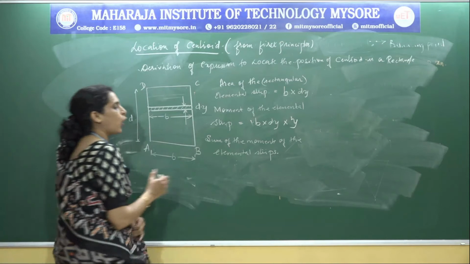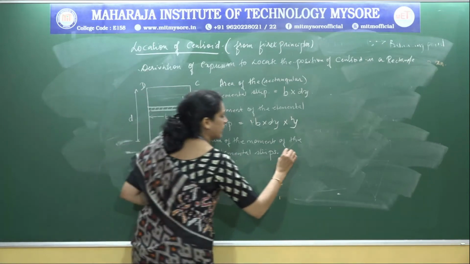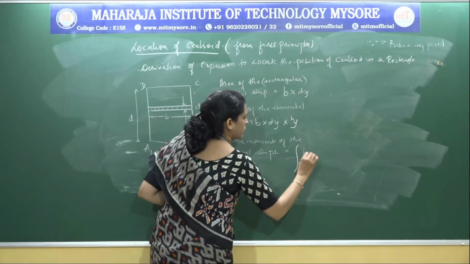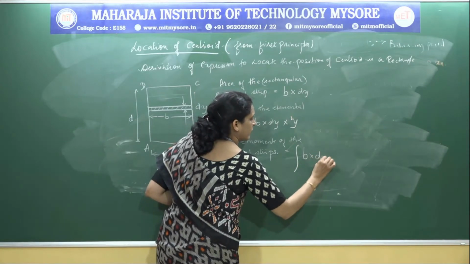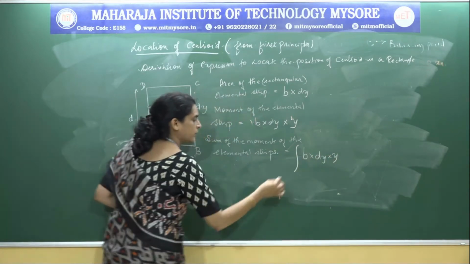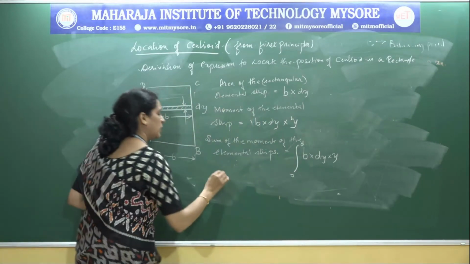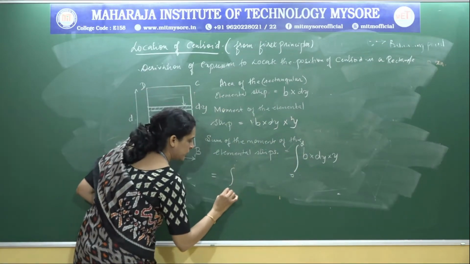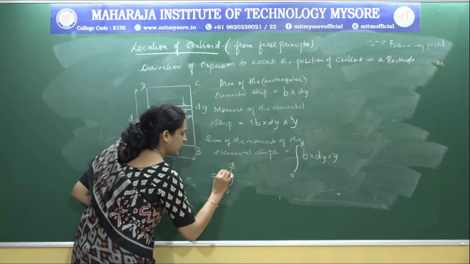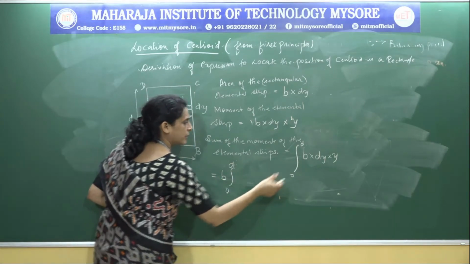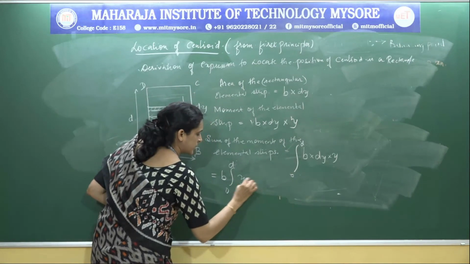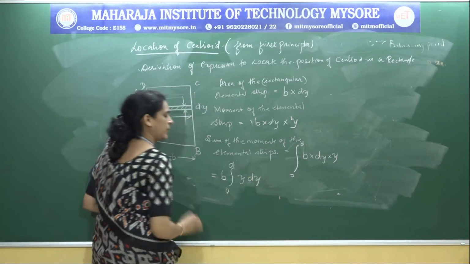So summing up of all those things is integral of B into dy into y from 0 to d. B will be the constant. Next is y dy.